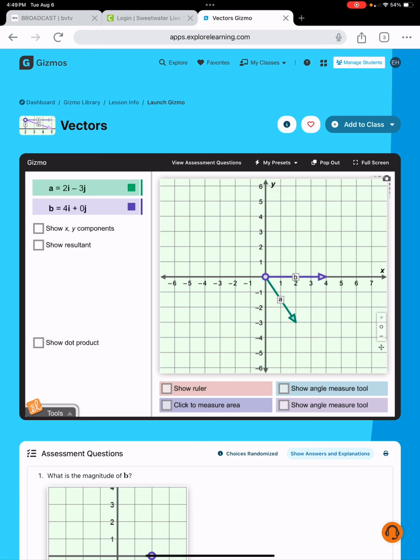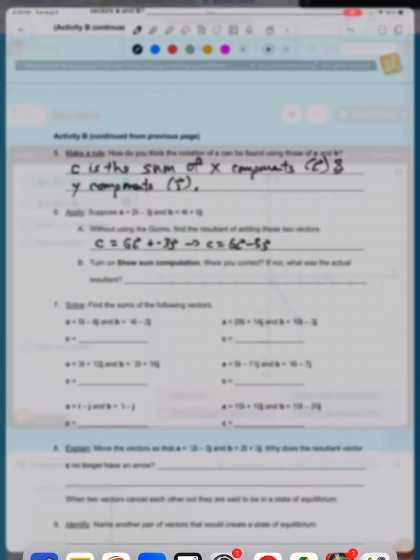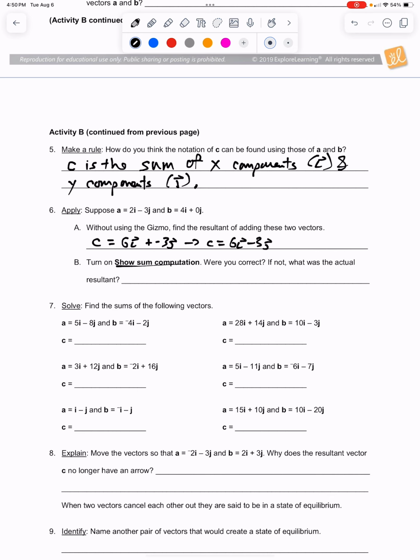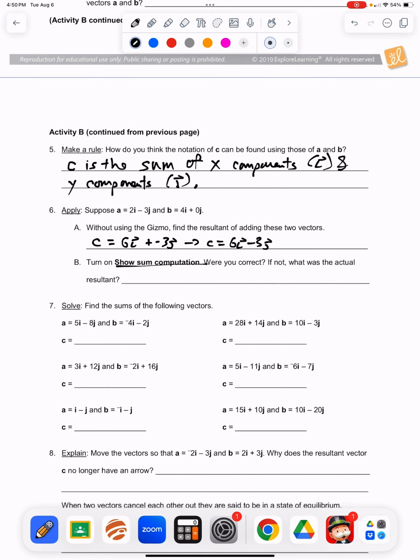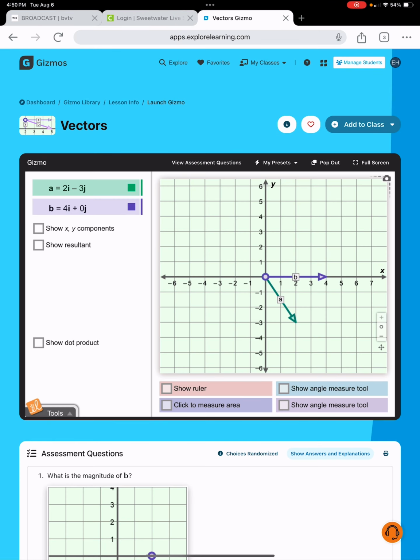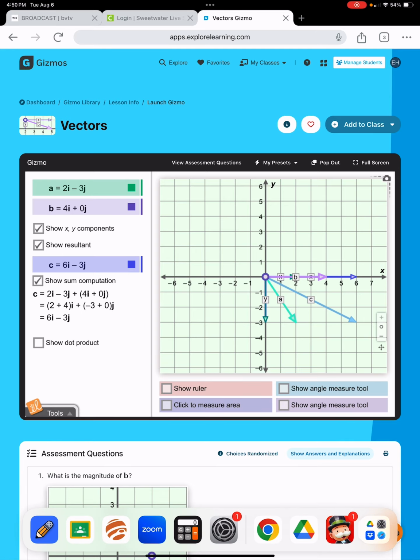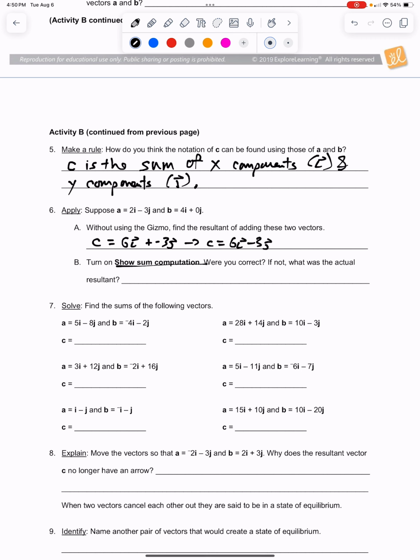Okay, now it says to show some computation. We get 6i minus 3j. Right?